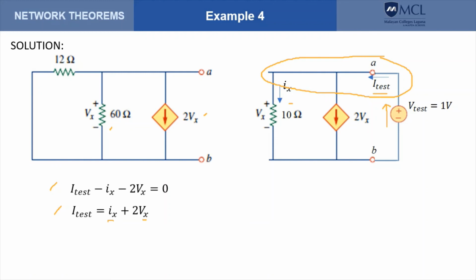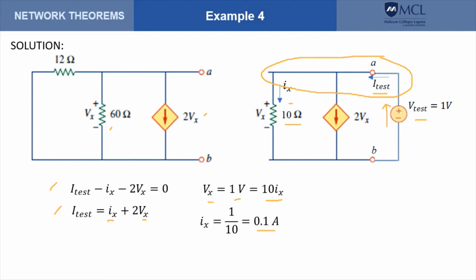Now take note the 10 ohms is directly connected to the voltage 1 volt. So that means that my V sub x must be equal to 1 volt, which by Ohm's law is also equal to 10 I sub x. So I can solve for my I sub x, and that is equal to this value.